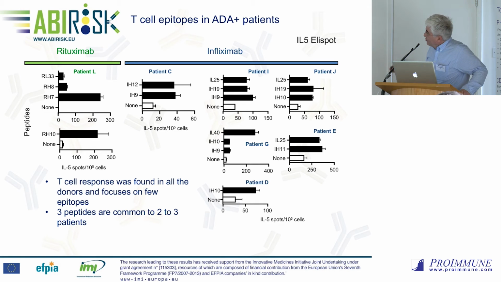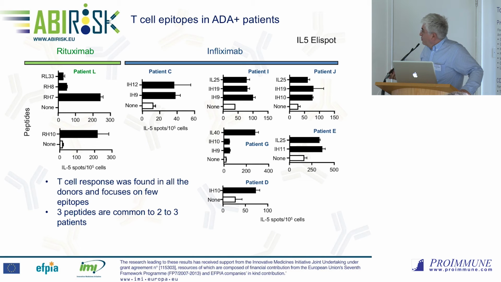And all these peptides were part of the peptides we identified using the naive donors. And for the others, we only assessed whether the peptides we identified are indeed recognized by the ADA positive patients, and it was indeed the case for all of them. We get responses to the T-cell epitopes we already identified using naive donors.